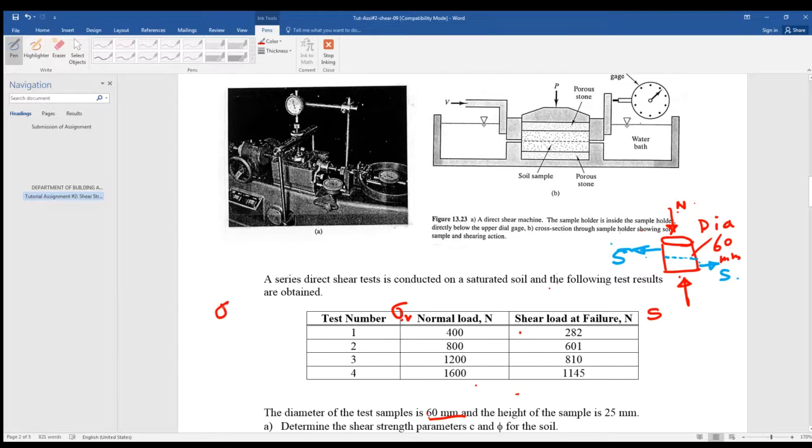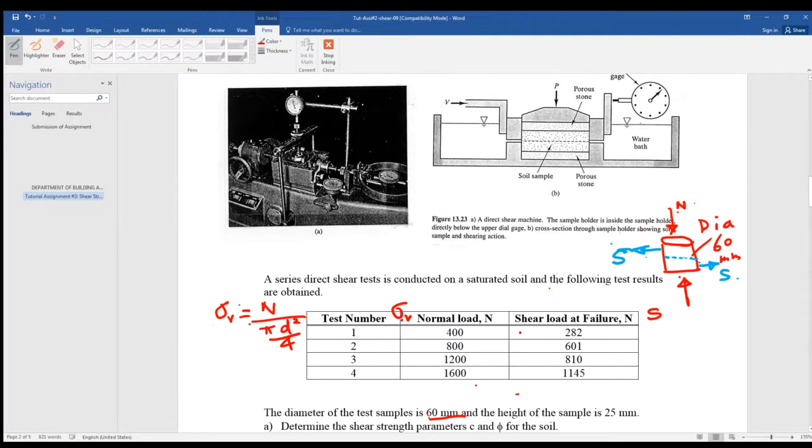Well, sigma V equals N divided by pi d squared over 4, right? The force divided by the area gives you the stress.